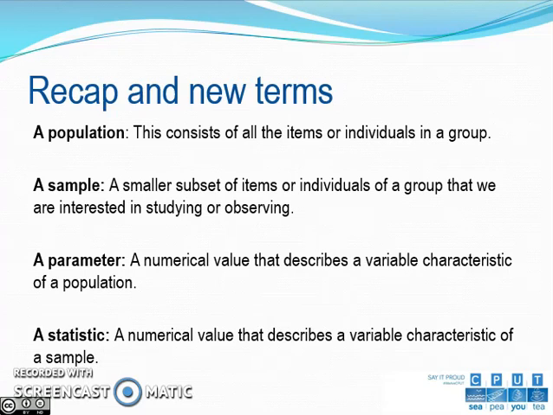The word statistic, on the other hand, is a numerical value that describes a variable characteristic of a sample. So these two are related. They're close cousins, where a parameter belongs to the population, and how I remember it is parameter starts with a P and population starts with a P, and a statistic belongs to the sample. Also simply, statistic starts with an S and sample starts with an S as well.